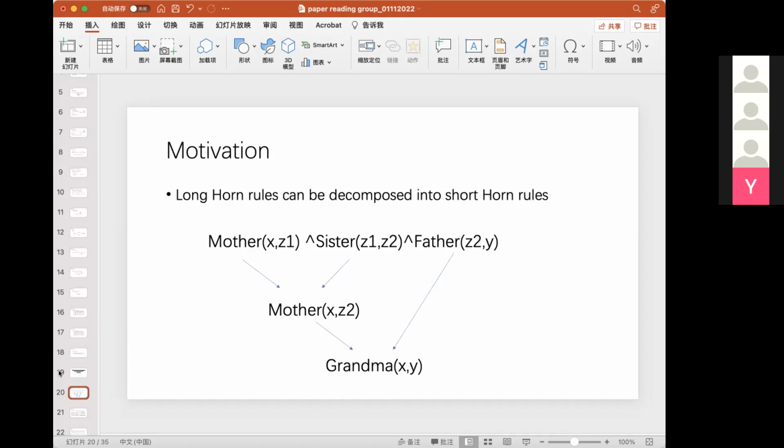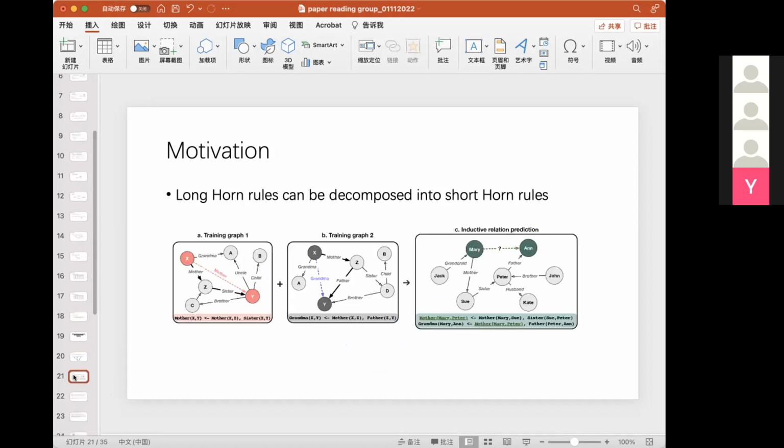Motivated by such an observation, we could leverage only short-hop rules in order to conduct more complex knowledge graph inference, which could otherwise only be conducted using long-hop rules.